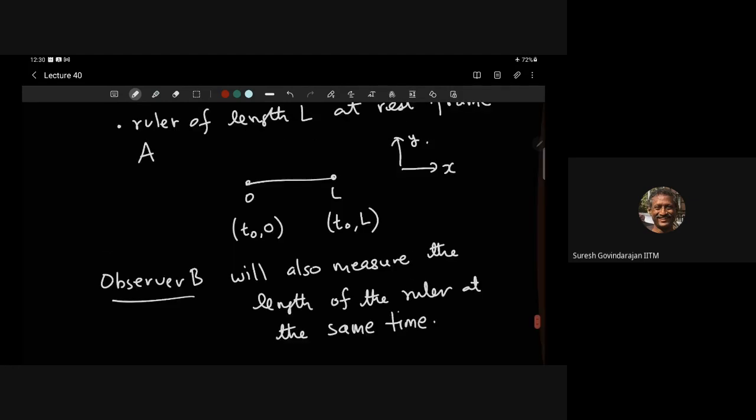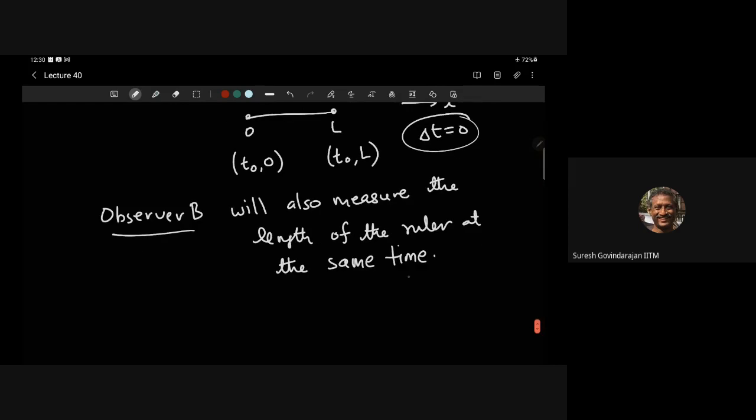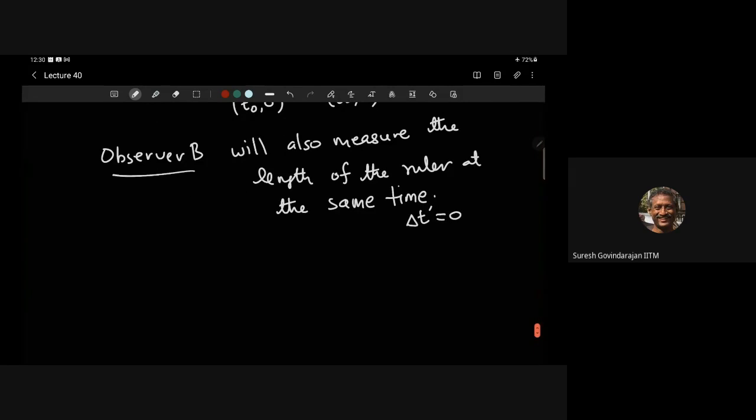In this setup, delta t was 0. But here, this person will require delta t prime to be 0. Because the thing is moving, delta t prime equal to 0 implies that c delta t equals tanh phi times delta x.